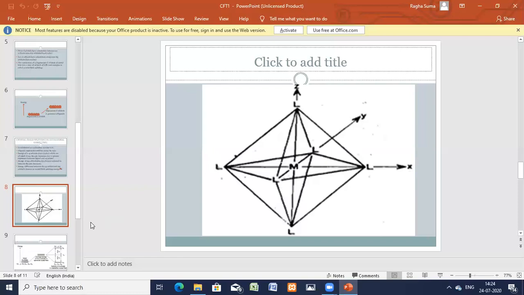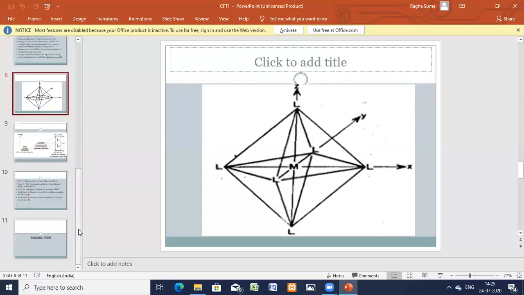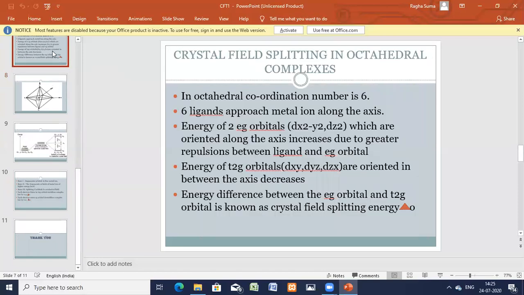Now, what will happen is, while they're approaching along the axis, six ligands approaching the metal ion along the axis, what is the EG set?